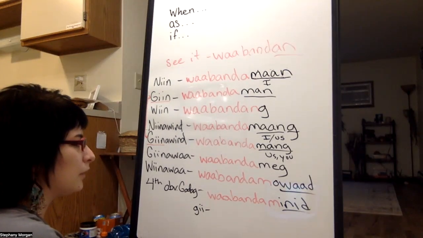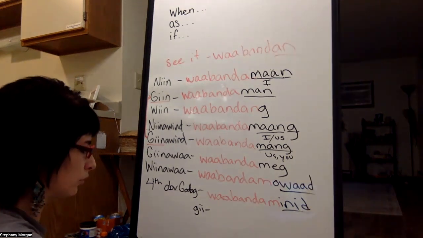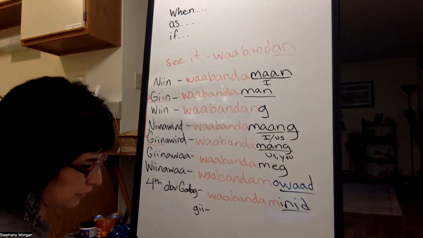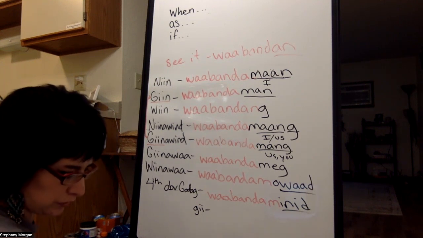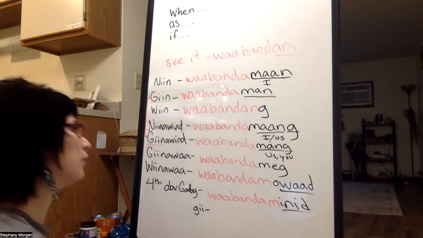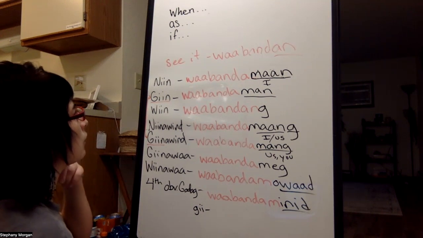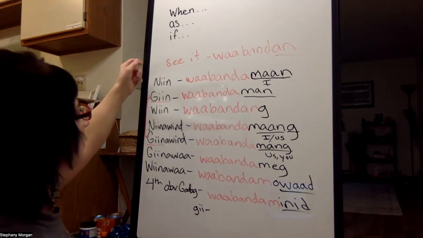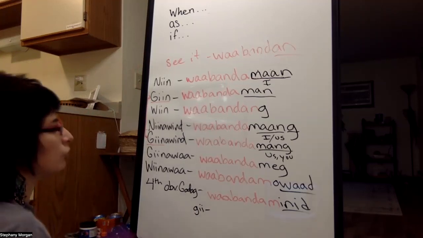And so you don't have to be overly repetitive and continue stating what the item is over and over every sentence. It just has to be named at one point, and you don't want to go too long without mentioning it again. But again, it doesn't have to be overly repetitive. So this is an ending VTI verbs for when, as, or if.